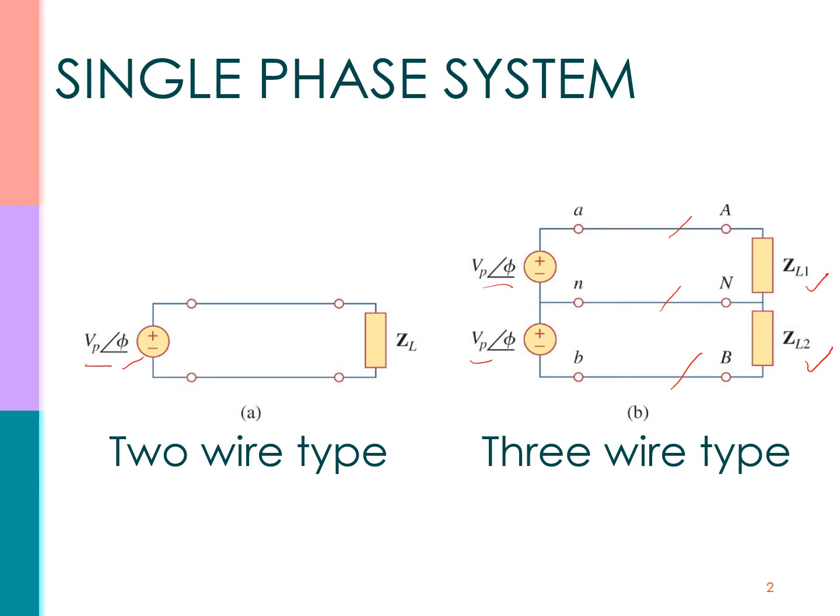For example, the normal household system is a single-phase three-wire system because the terminal voltages have the same magnitude and the same phase. Such a system allows the connection of both 120 volt and 240 volt appliances.